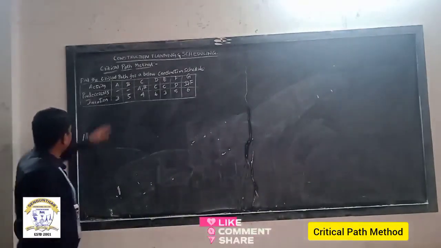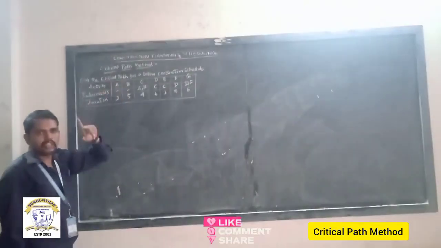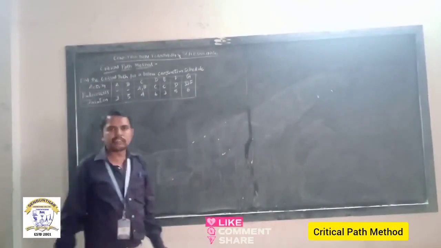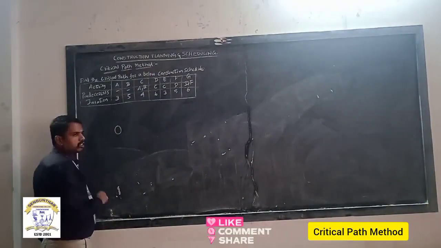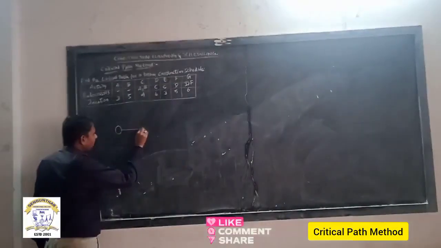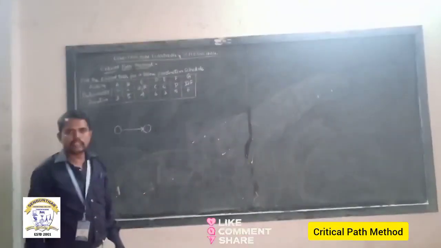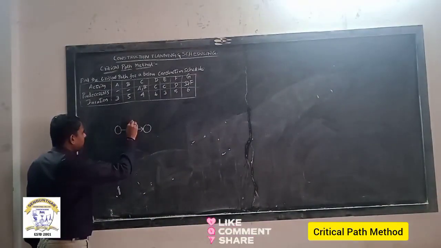See activity A. I already told that activity A is the starting activity. How do I represent an activity in a network diagram? Just draw one start event, draw one arrow mark, and end with one event. This is the representation of an activity.